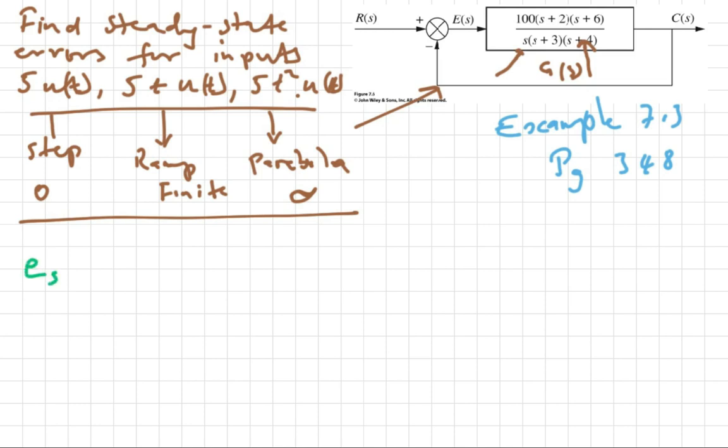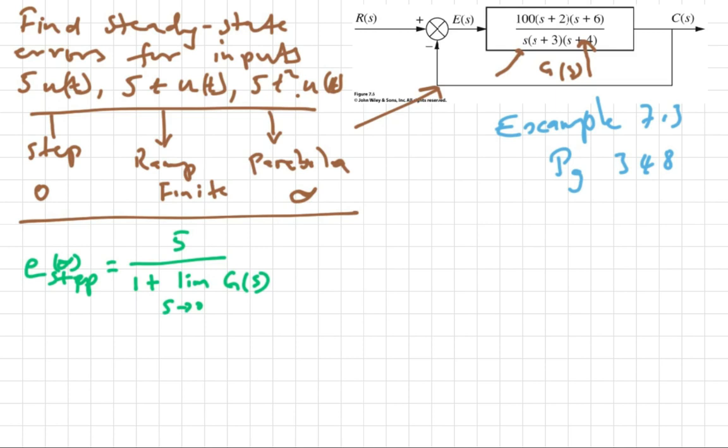So E step is equals to 5 over 1 plus limit as s tends to 0 of G of s.